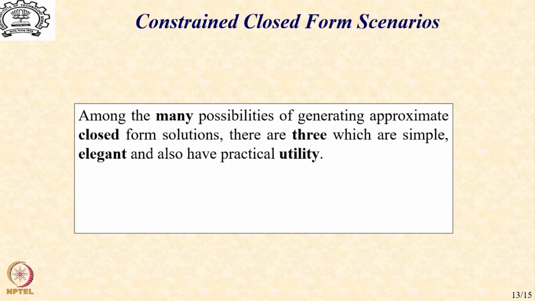So what are those kind of solutions that one can think of? There are many possibilities that one can think of which would generate closed form solutions, but among such possibilities there are three which are simple, elegant, and also have practical utility.